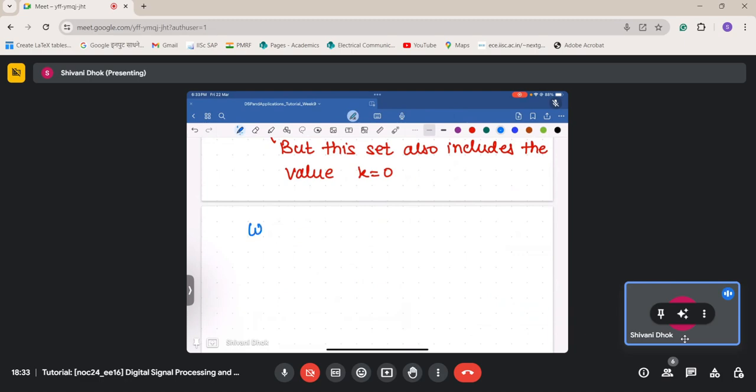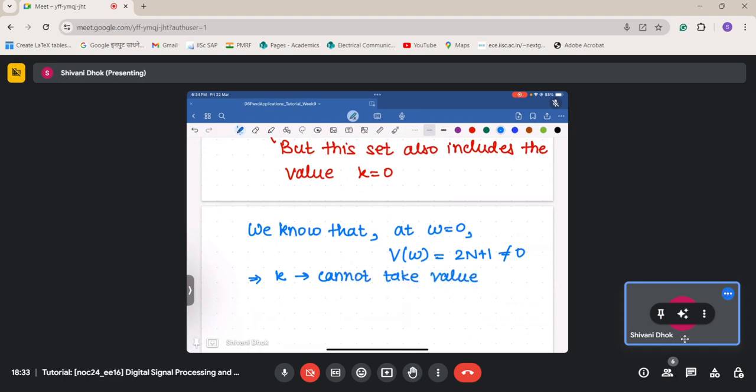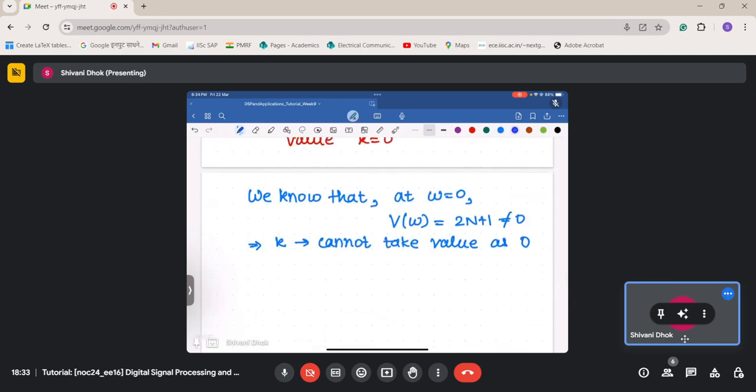So we know that at omega equal to 0, v of omega is 2n plus 1, which is not equal to 0, which means that k cannot take the value 0, which means that this k can take the values from the set minus n, minus n plus 1 and so on, minus 1, 1, 2 and so on till n.